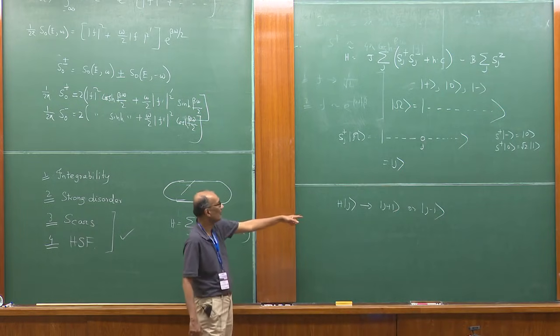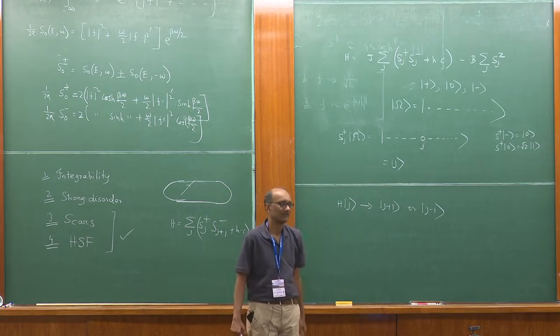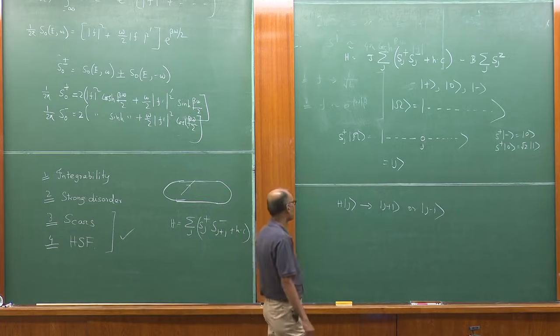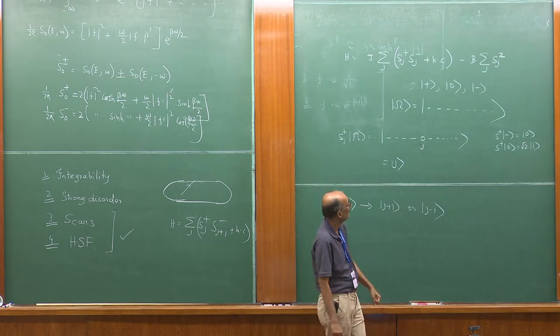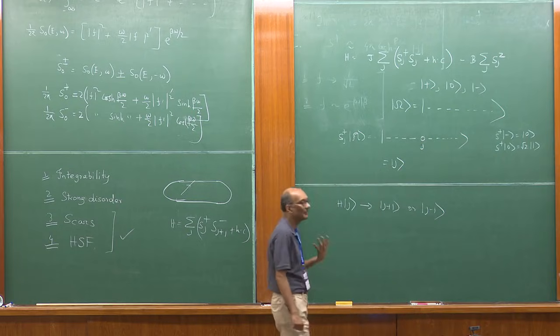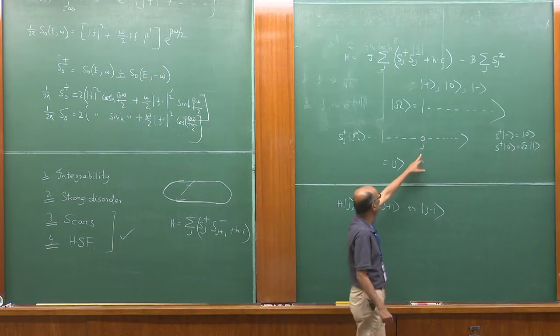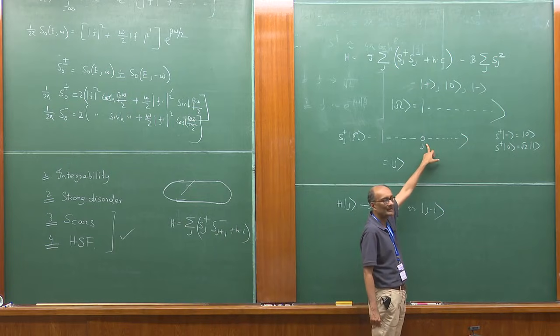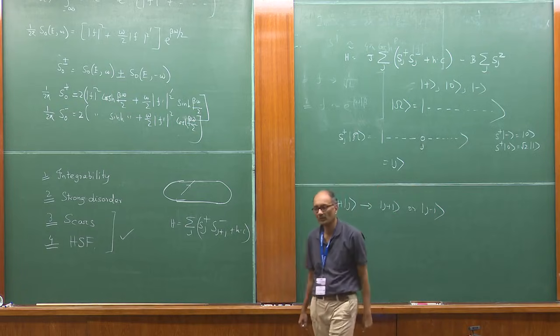This we already know. This is just like a single particle hopping on a lattice, because the state j goes to j plus 1, that's like hopping of a single particle. And of course the magnetic field here essentially gives you some chemical potential for that particle, because this 0 has a different energy compared to minus, and therefore creating that 0 has an on-site cost.